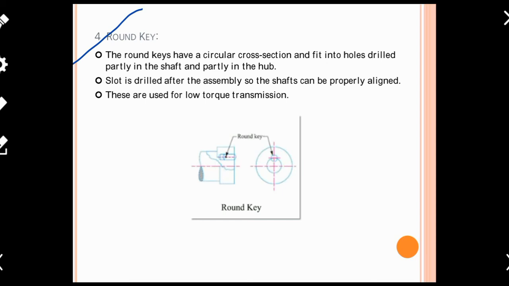So in this way one can have the connection between the shaft, round key and hub of the rotating member. This type of special shaft key is used whenever low power or torque is to be transmitted from one place to another place, then we can use this type of round key.